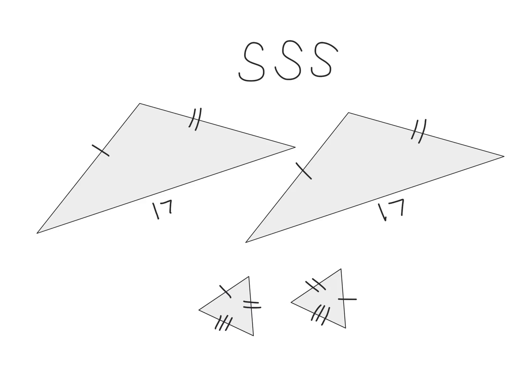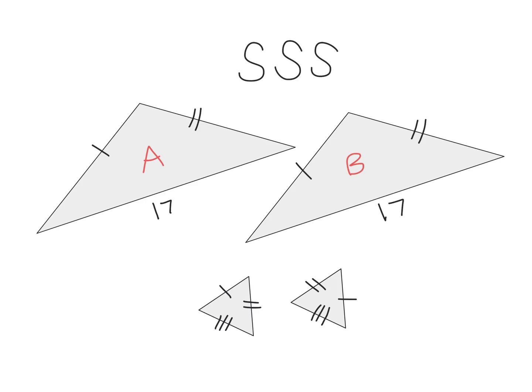On the two triangles at the top, I'll label them triangle A and triangle B. We can see in the picture that they both have a side that is listed as 17. They both have a side that has one tick mark, and they both have a side that has two tick marks.